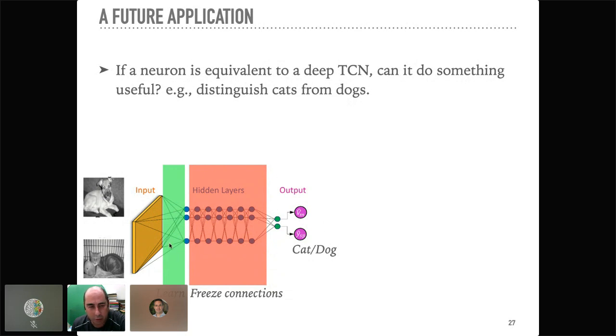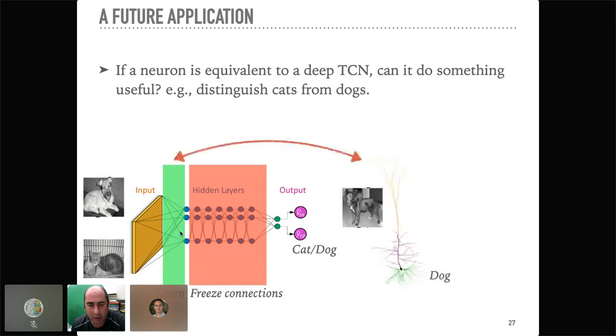This becomes a more difficult task, but it's doable. If you manage to do that, then you can map these inputs to the neuron, present the neuron with a picture of a dog that it hasn't seen in the training set, and ask the neuron to tell you whether this is a cat or a dog.